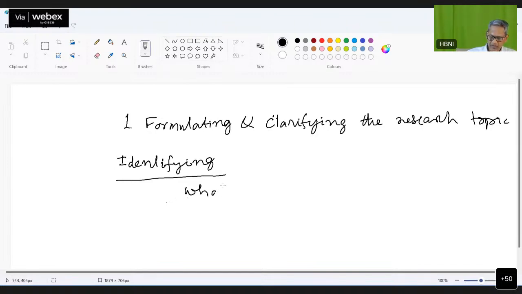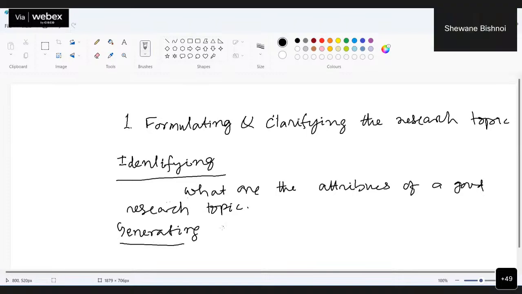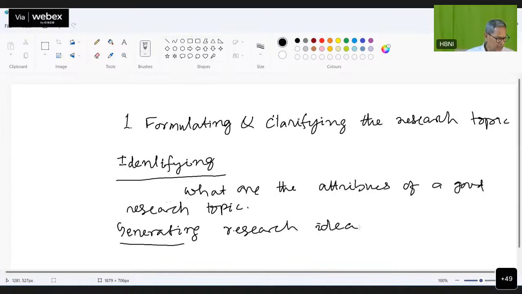Then once you have identified what are the attributes, then you have to do generating research ideas. That helps you to select a very good research topic.